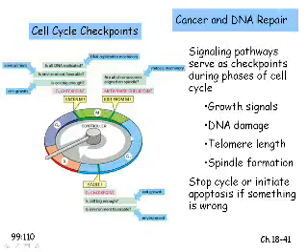If these checkpoints send up danger flags, if the answer to these questions is no, it can either stop the cycle at that spot until whatever it is is caught up or taken care of, or it can even trigger apoptosis. It can trigger a programmed cell death. And if the no signal is strong enough, the cell just goes, well, okay, time to say goodbye, and it's gone.